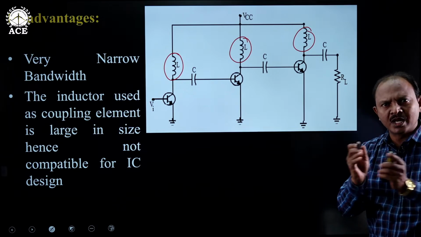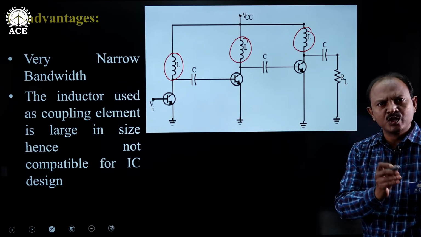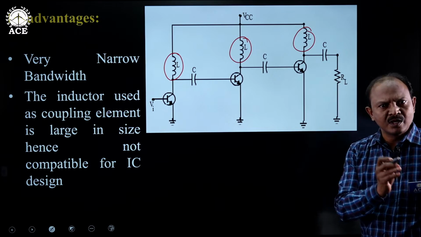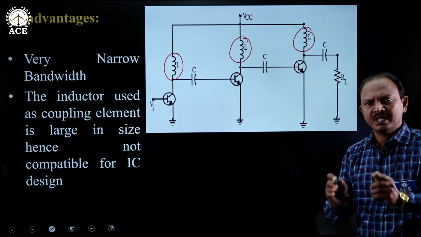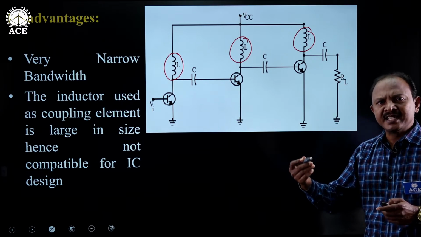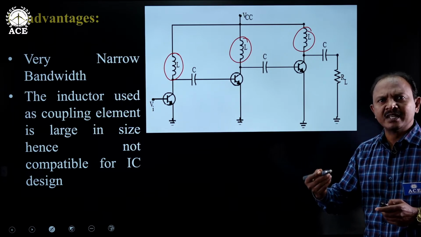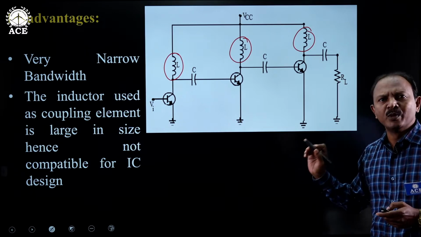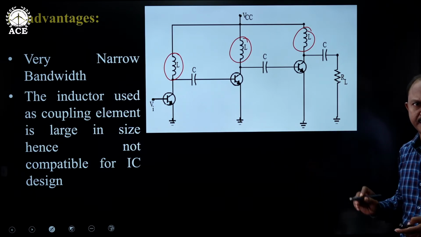This is how we need to draw the RC coupling scheme. This is how you need to draw the transformer coupling scheme. This is how we need to draw tuned circuit coupling. First draw the circuits neatly, then explain the advantages and disadvantages one by one neatly. Then you will get full marks in that question.